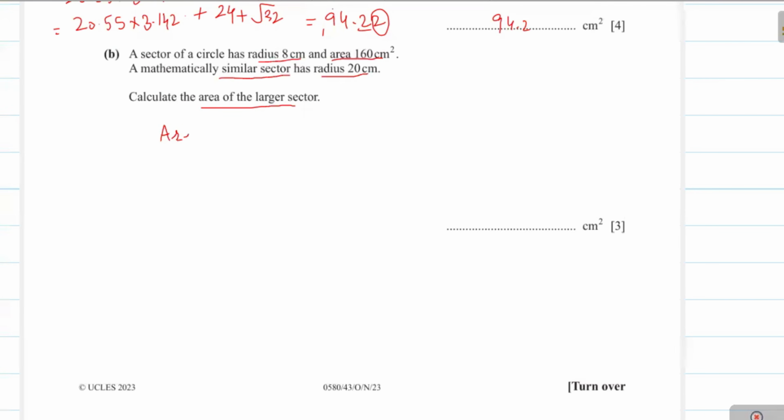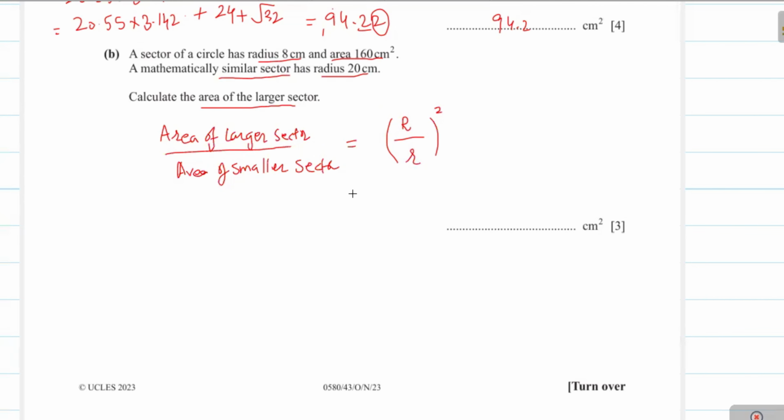Now we write area of larger sector over area of smaller sector, that will be equal to the square of the corresponding lengths of these sectors. Now you see here the corresponding length is the radius of the larger sector, which we represent by capital R, and the smaller sector is small r.